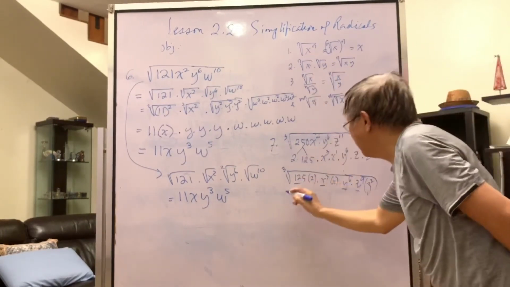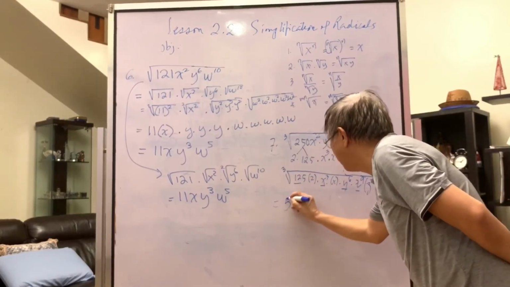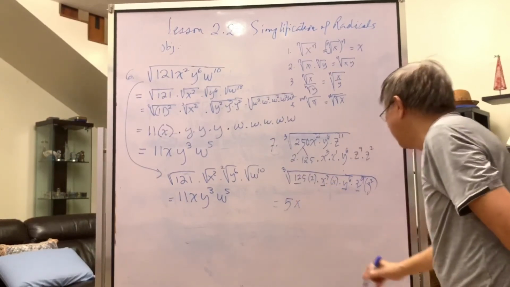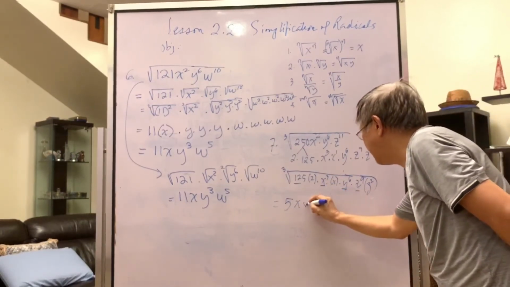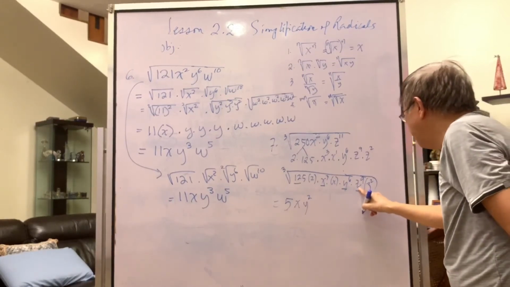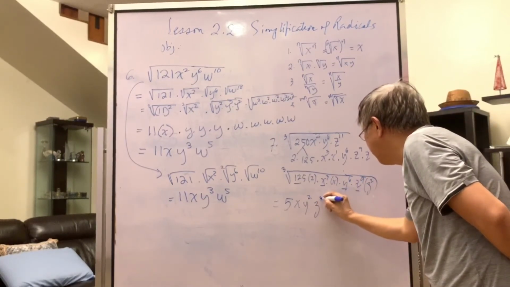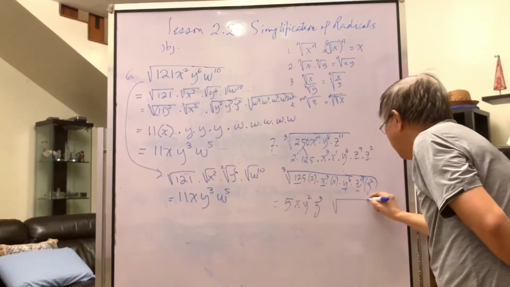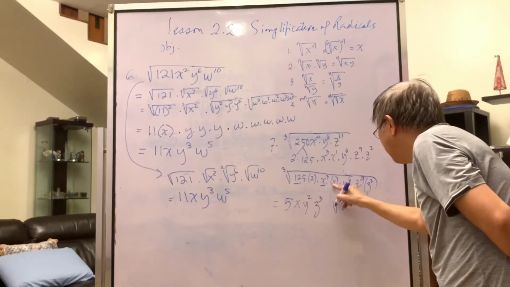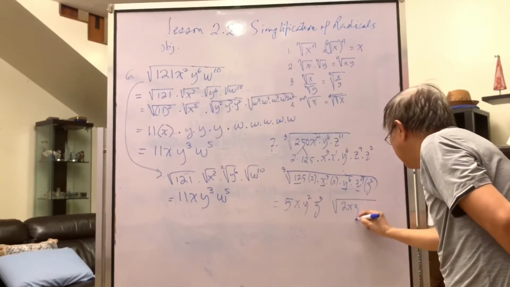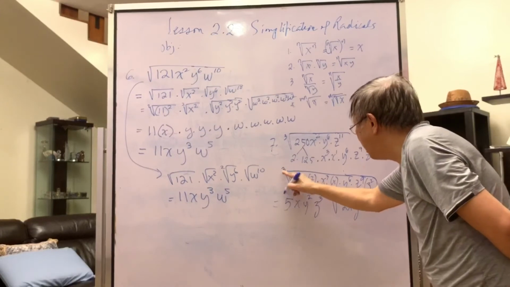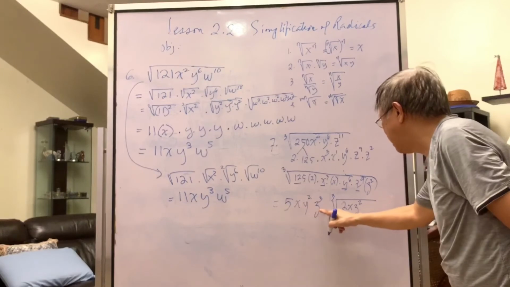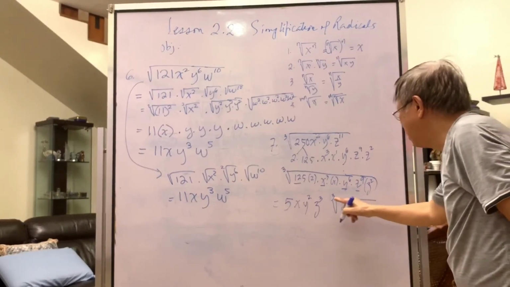Applying law number 1, we have here cube root of 125 is a 5, cube root of x cubed is x, cube root of y to the 6 is y squared, and cube root of z to the 9 is z cubed. What is left inside our radical will be 2 here, and then the x here, and then the z squared. Do not forget to copy the index. So the simplified form now is 5xy squared z cubed, cube root of 2xz squared.